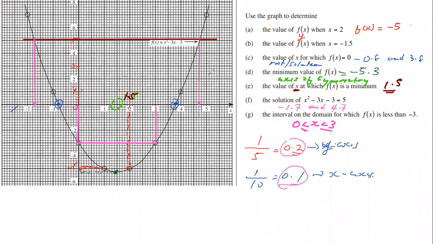Okay, so what to do, they say the interval on the domain for which f(x) is less than -3. So we go to -3, just like we did for the 5, but this time we are doing it for -3, you understand? So you go to -3 and draw the line at -3 like this. Then you go up now on the x. When you go on the x, you get 3 here.